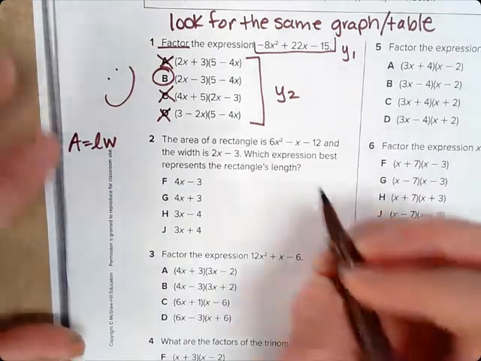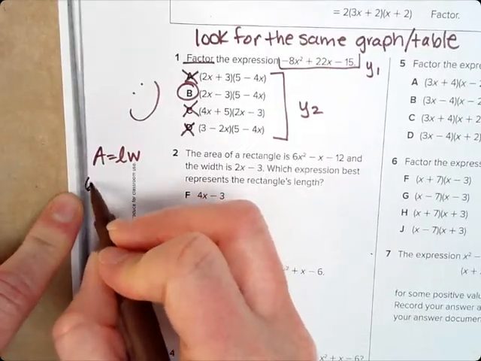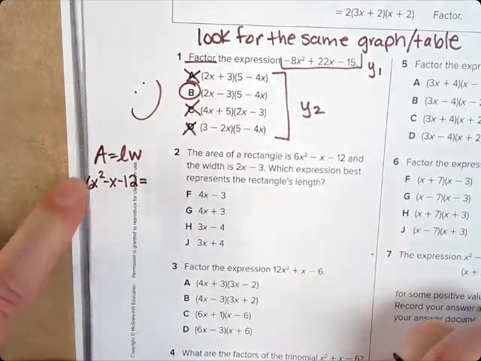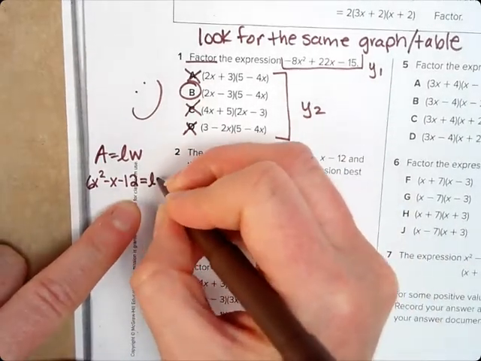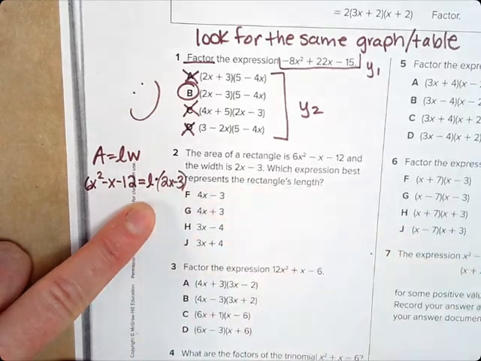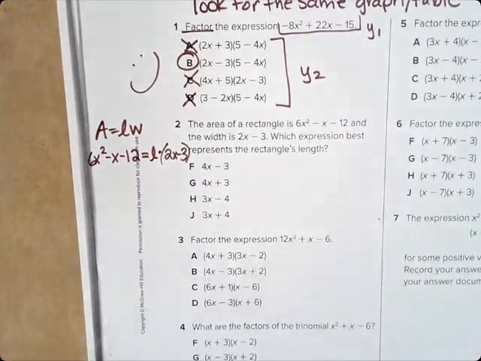So it's saying that the area is 6x squared minus x minus 12, and it equals the length, something, times the width, 2x minus 3. So that means 2x minus 3 will be multiplied by some expression to get the 6x squared minus x minus 12.